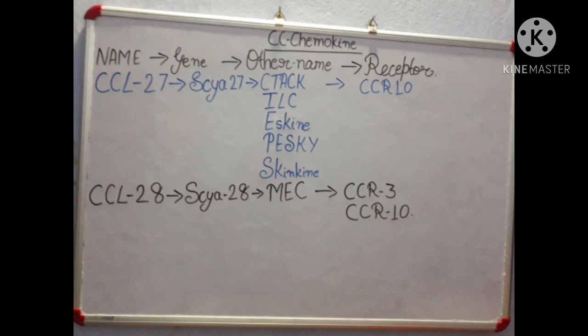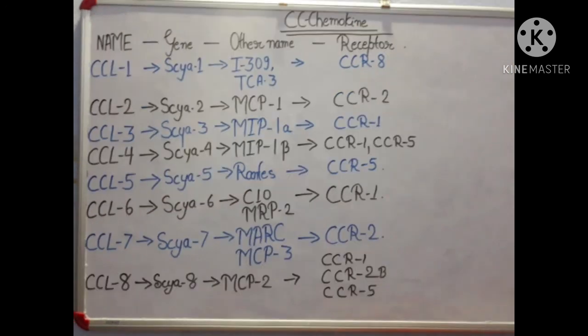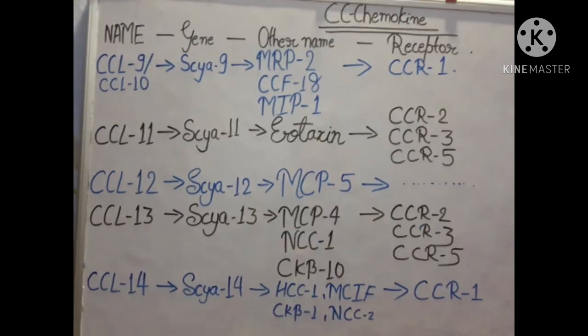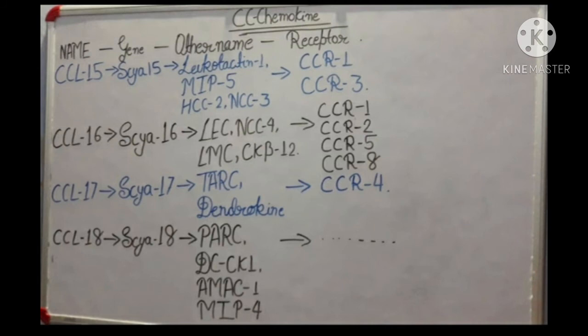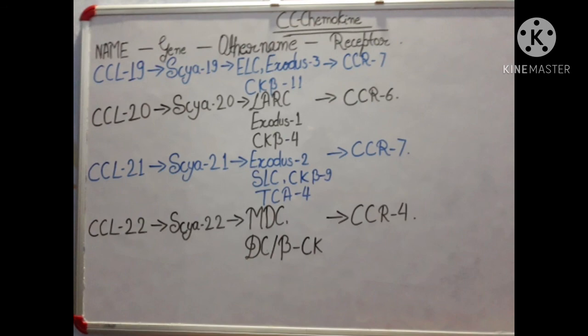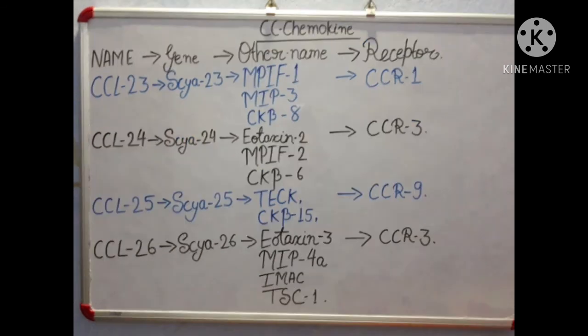There is one very important point in this, that each and every CCL is a protein and a gene also. I mean to say that, let's take an example of CCL5. CCL5 is a protein and it is encoded by the CCL5 gene. So this is a little bit confusing, but a protein is also encoded by a gene and both may be similar.